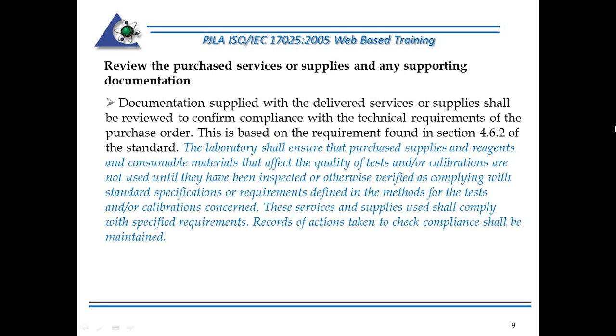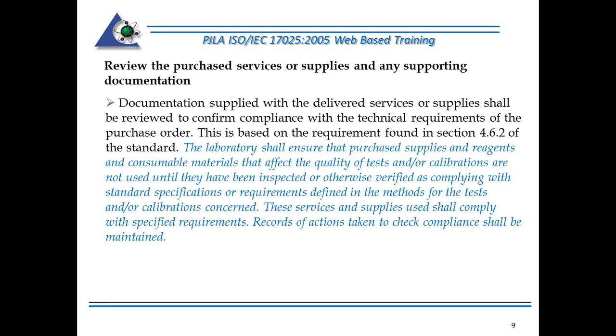But this is an activity that laboratories need to do and need to be very rigorous in doing. And it isn't only with calibration certificates. It's with all of the documentation that is intended to provide you information that establishes that the use of equipment that is calibrated, or the use of materials that you use in the performance of calibrations or tests, be that reagents or standard reference materials, certified reference materials of a variety of different types, is appropriate.